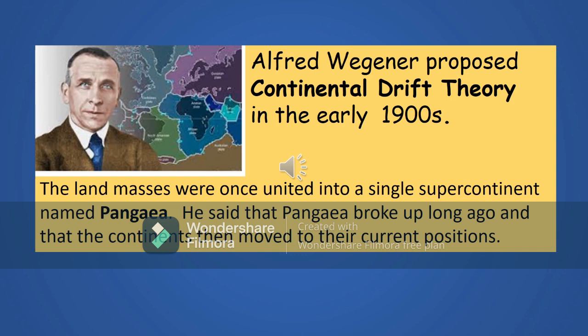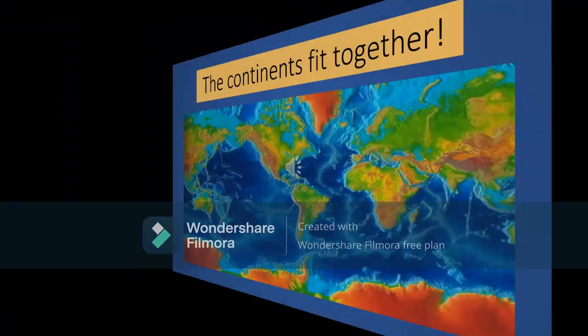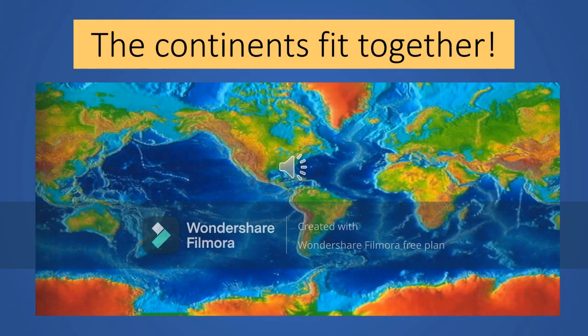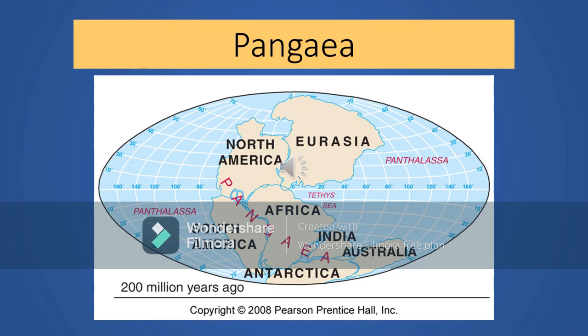He said that Pangaea broke up long ago and that the continents then moved to the current positions. Wegener found that some continents seemed to fit together. The picture shows what Pangaea might have looked like approximately 200 million years ago.